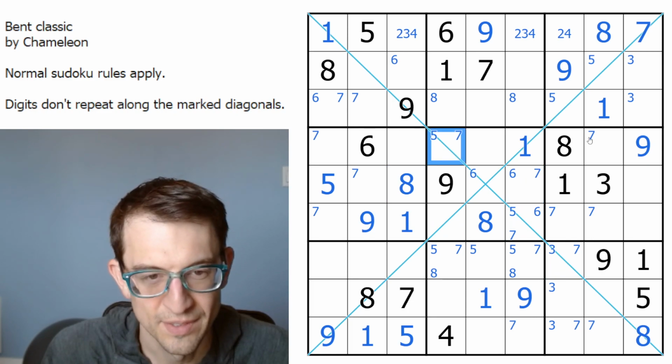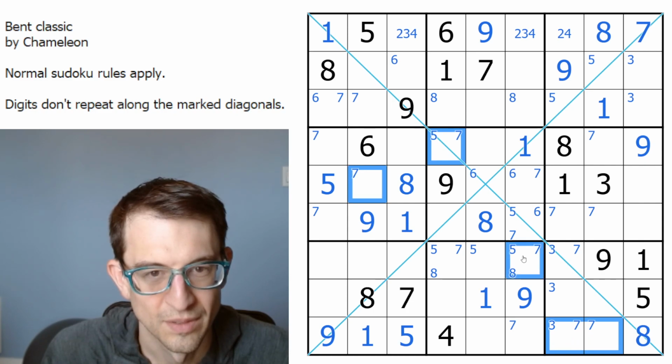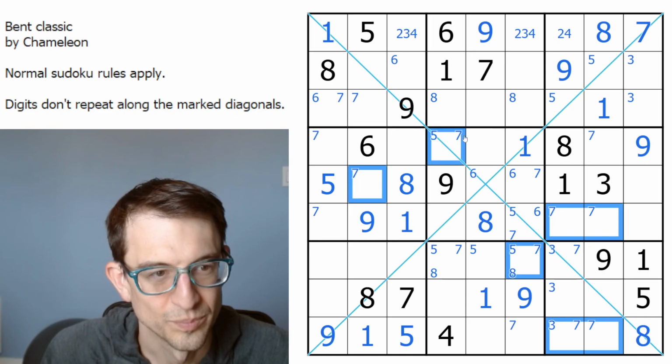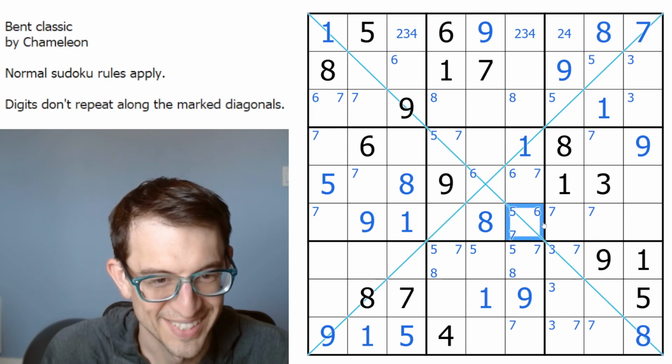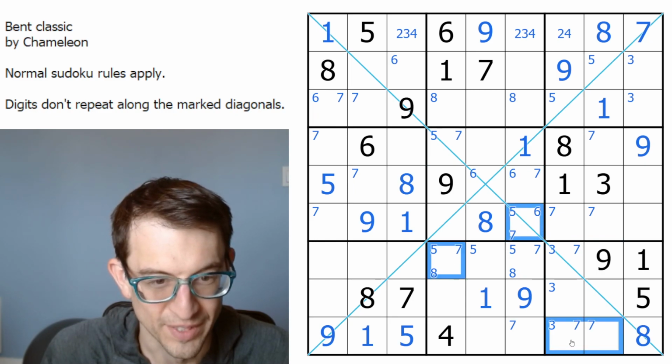So if this is a 7, that's a 7. One of these, this one. That's fine. Okay, if this is a 7, then we have one here. Again, one of these.